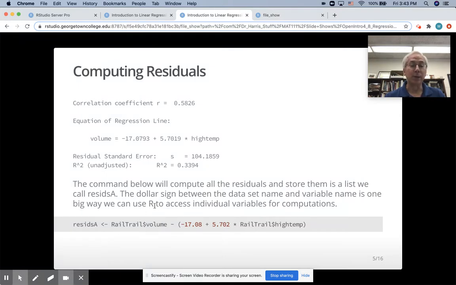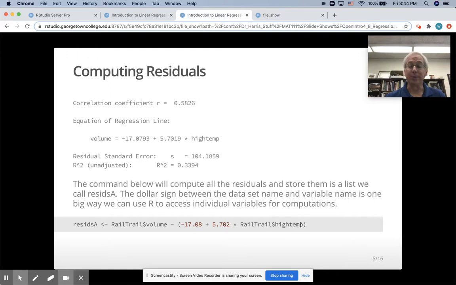Out here, this is our response variable, the volume, rail trail $ volume. We're going to subtract from that the predicted response. Here's our intercept for our regression equation plus the slope times the explanatory variable, which we write as rail trail $ high temp. This is the observed response. This is the predicted response. So we're finding the residuals, and putting just the variable names in here computes it for all values in our data set all at once.